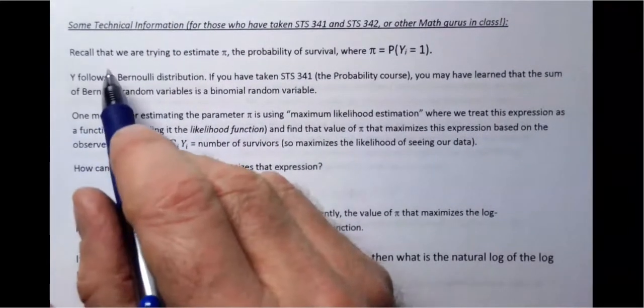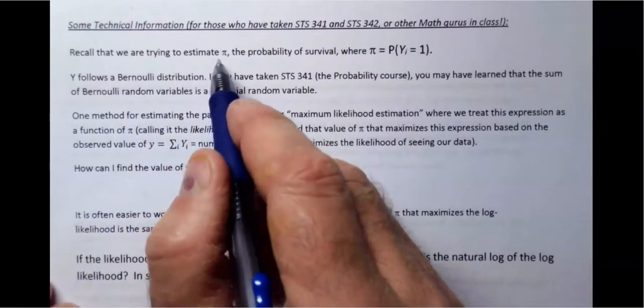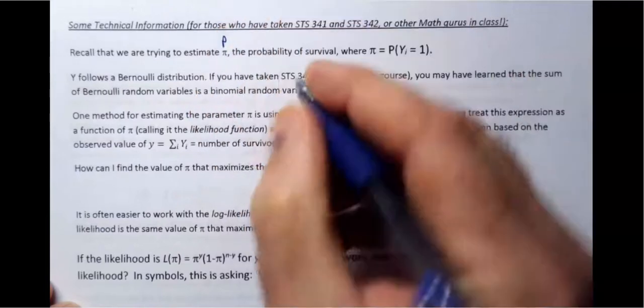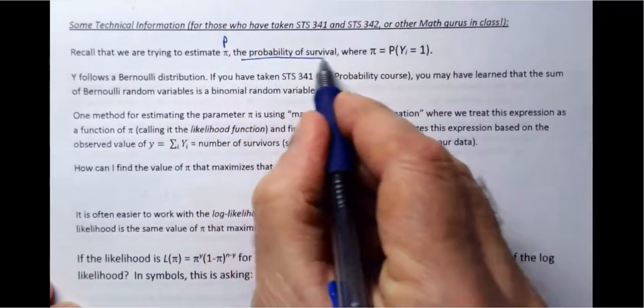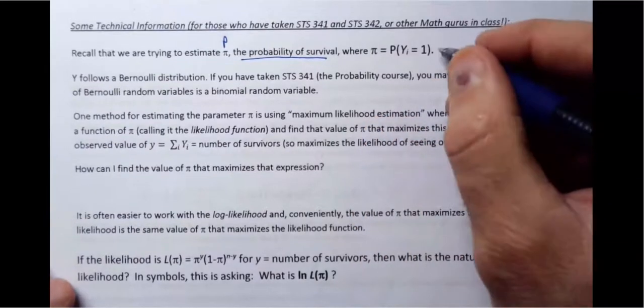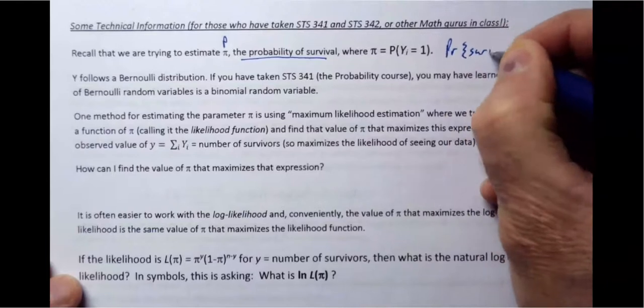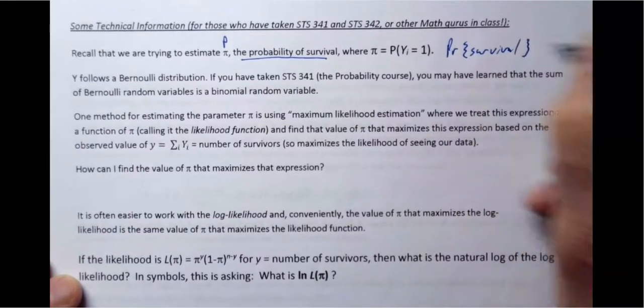So recall that we're trying to estimate, I called it pi here, but P, the probability of survival in this data set. So pi is equal to the probability that y equals 1, or probability of survival in this case.